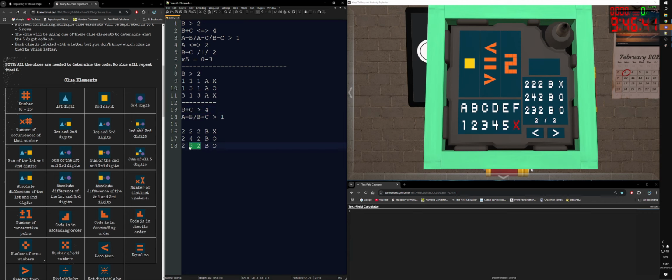The second plus the third would be 5, which is greater than 4. This stayed the same, so it could be this rule. However, the difference between the first and second, 1, or the difference between the second and third, also 1, is never greater than 1. So it cannot be this rule. Again, now we've deduced that this rule, B plus C is greater than 4, is our clue B.